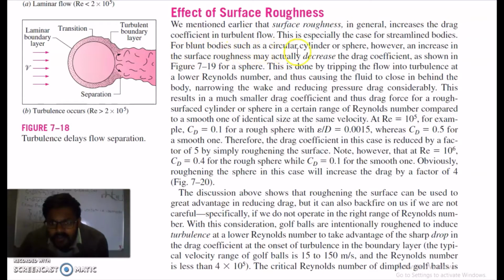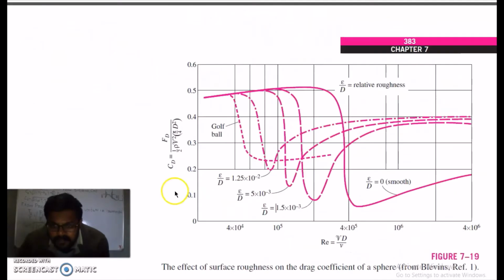For blunt bodies such as a circular cylinder or sphere, however, an increase in surface roughness may actually decrease the drag coefficient. So this is the drag coefficient, this is your Reynolds number, and this e by D will represent your relative roughness. So when it is 0, it means the surface is smooth. When e by D is equal to 0.00015, it is a rough surface.